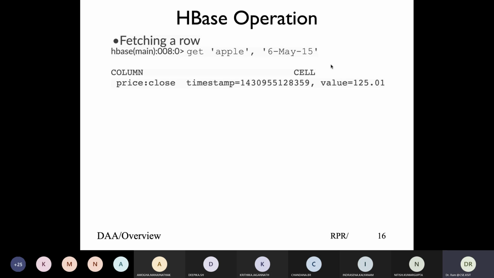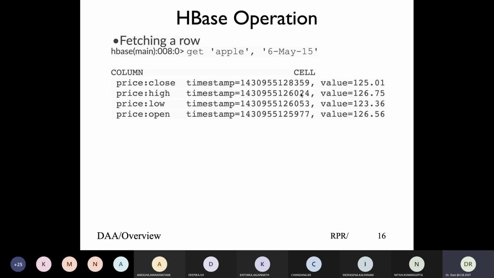You'll basically see price close, the timestamp is the version, and the value. Each cell has its own timestamp, because they're put in at different points in time, so you'll see different times. So don't think that the entire row is created at the same time, because different cell values could be added differently, and each cell would have its own version number.